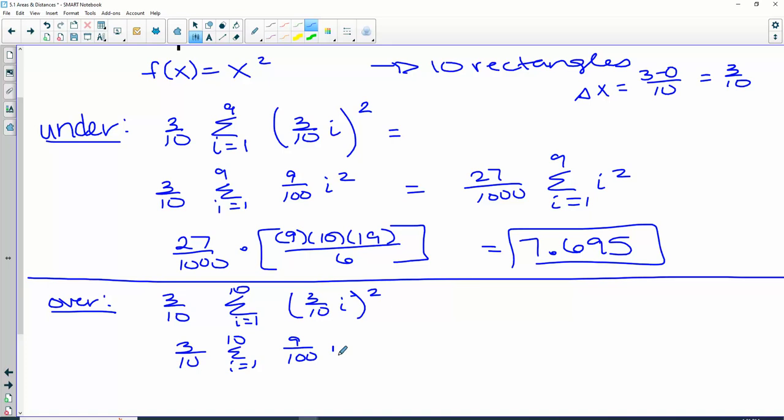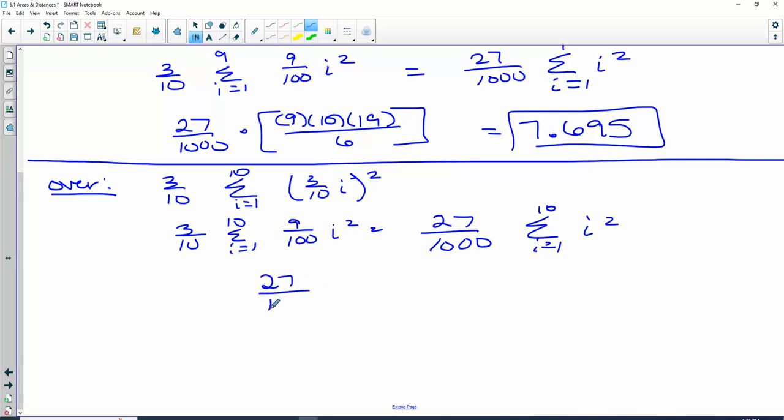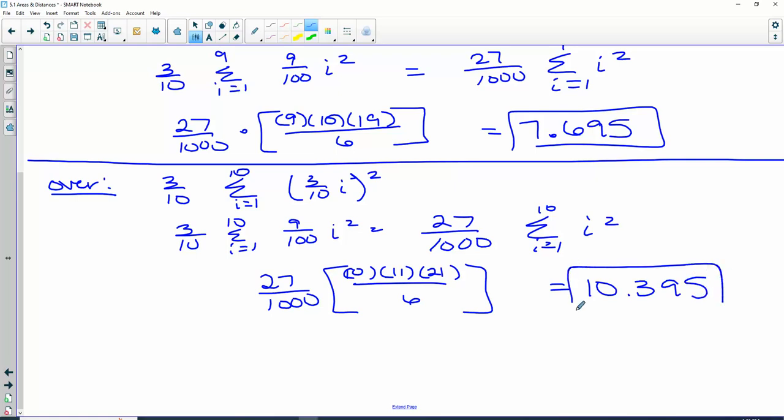So that's 9 over 100 i squared, or 27 over 1,000, sum from 1 to 10 of i squared, times n plus 1 times 2n plus 1 over 6. That's the same thing we got yesterday.